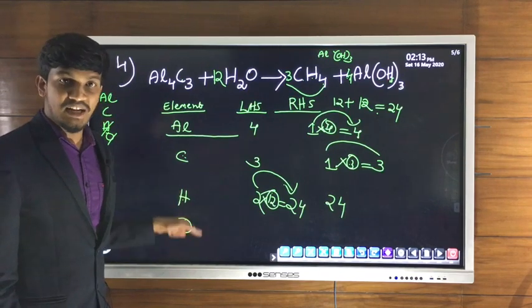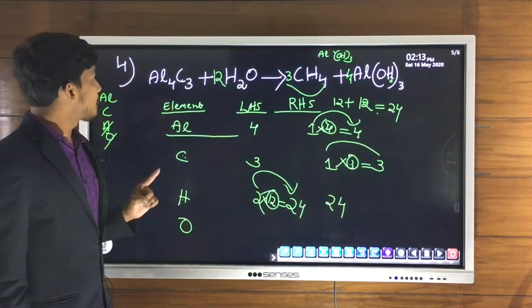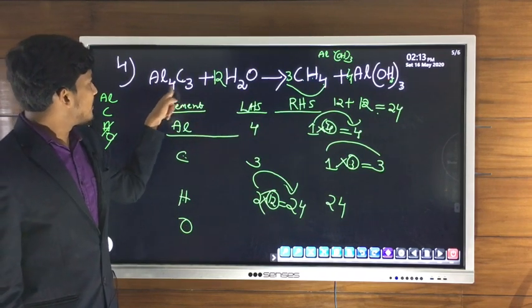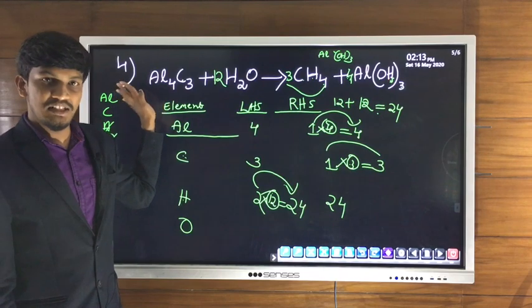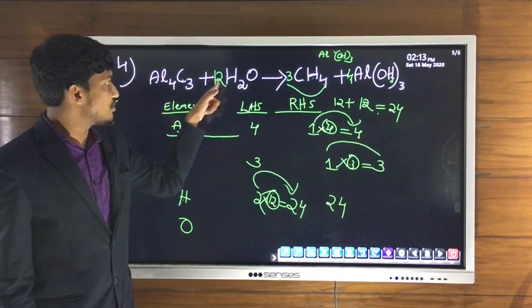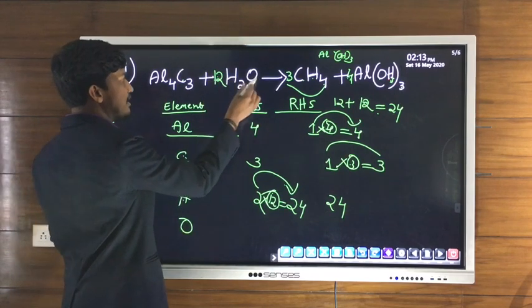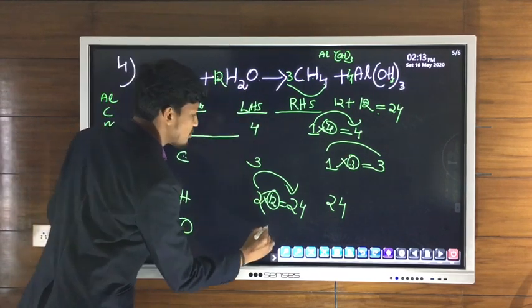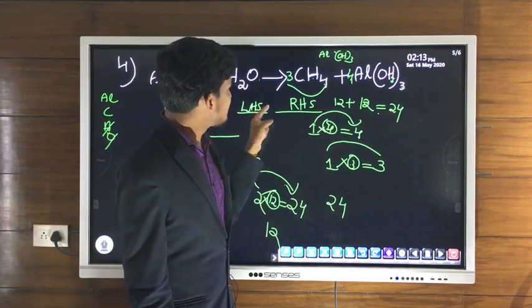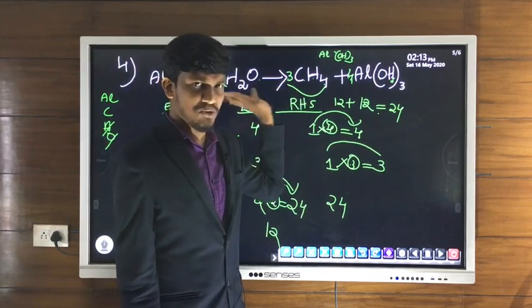Next, the last, final one: oxygen. Oxygen atoms on the LHS. From Al4C3, no oxygen. Oxygen is in the second reactant. So 12H2O, how many oxygen atoms? 12 into 1, 12 oxygen atoms. On the product side, 3CH4 has no oxygen.